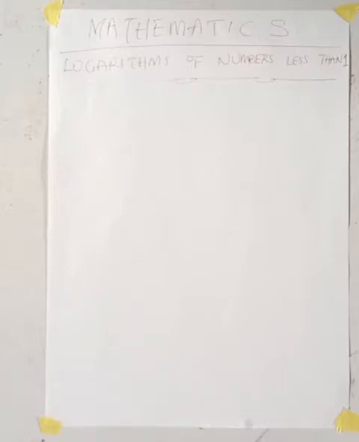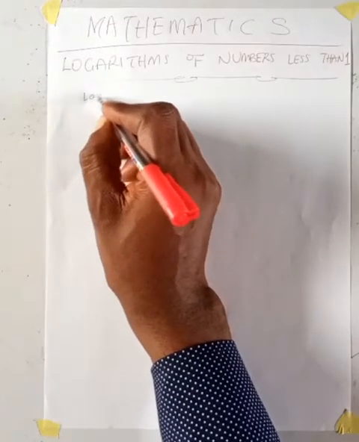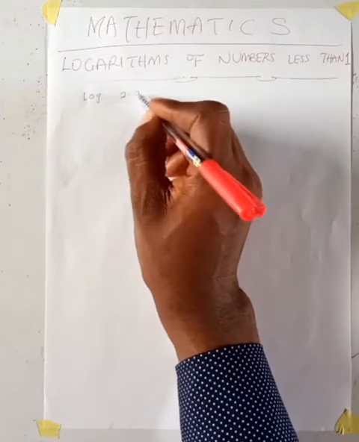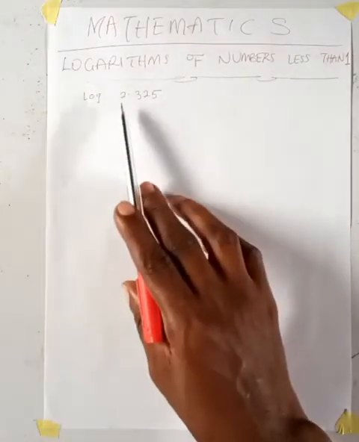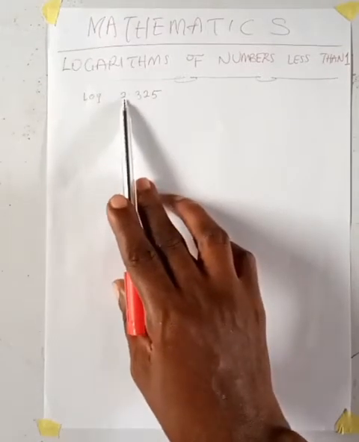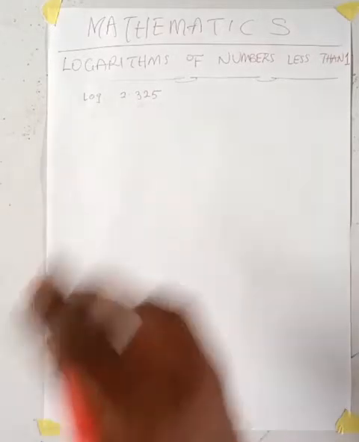So that is the type of logarithm where the first digit is going to be a whole number, a counting number, or what we can call the natural number.